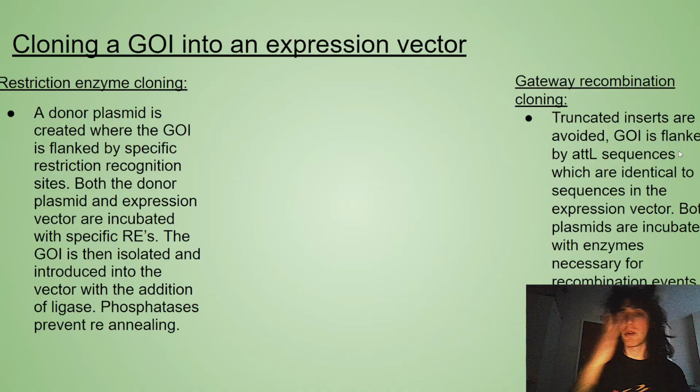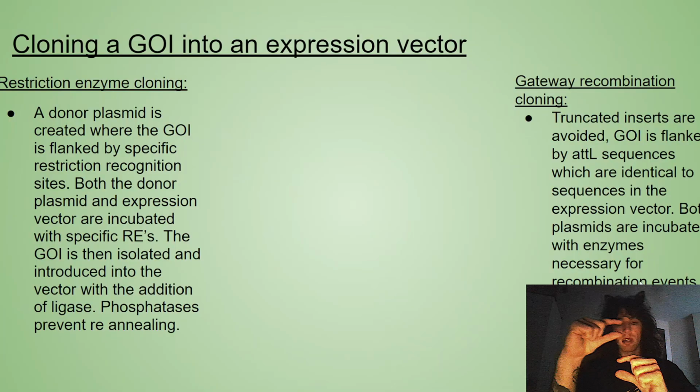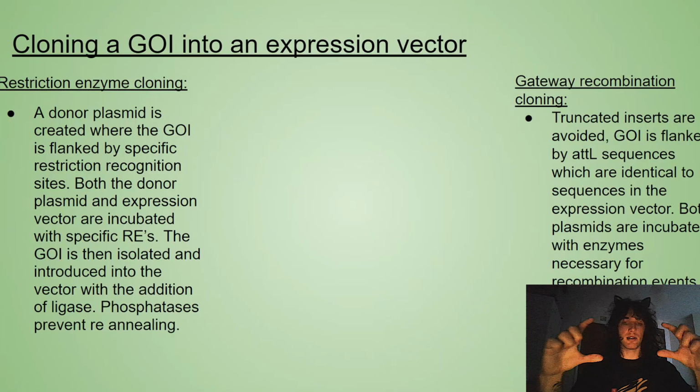It's called gateway recombination cloning, where truncated inserts are avoided and the gene of interest is flanked by ATL sequences, which are identical to the sequences in the expression vector. So you have your gene of interest, you have the sequence that you're trying to knock out. These sequences right here are the same and they cause a recombination event.